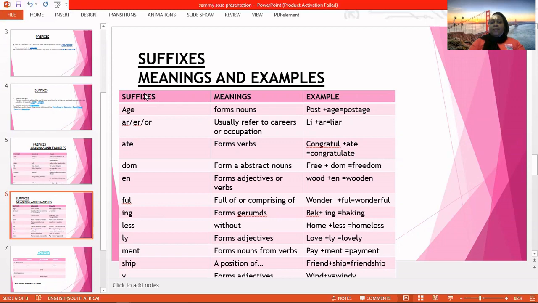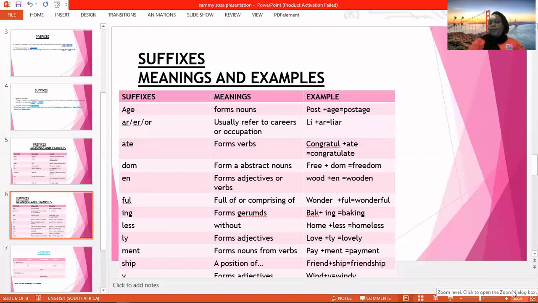Ment forms nouns from verbs. Pay plus ment will give us payment. The suffix ship means the position or state of.